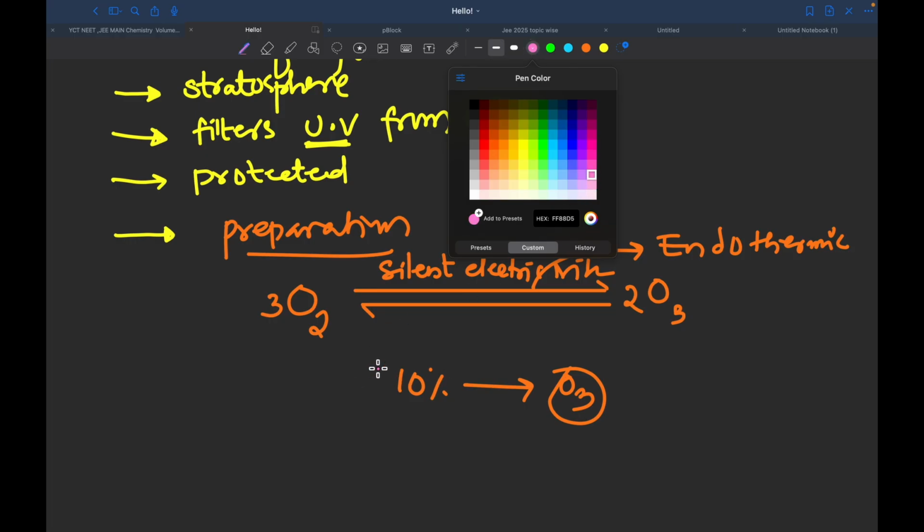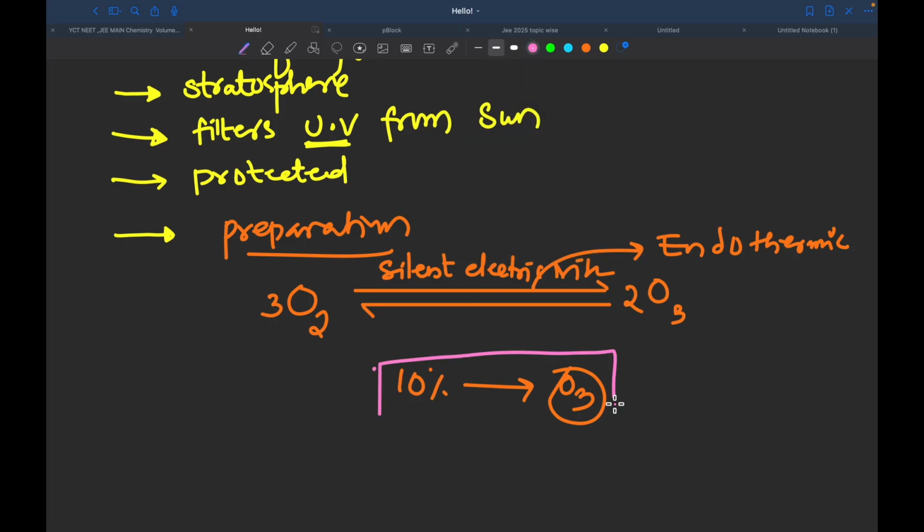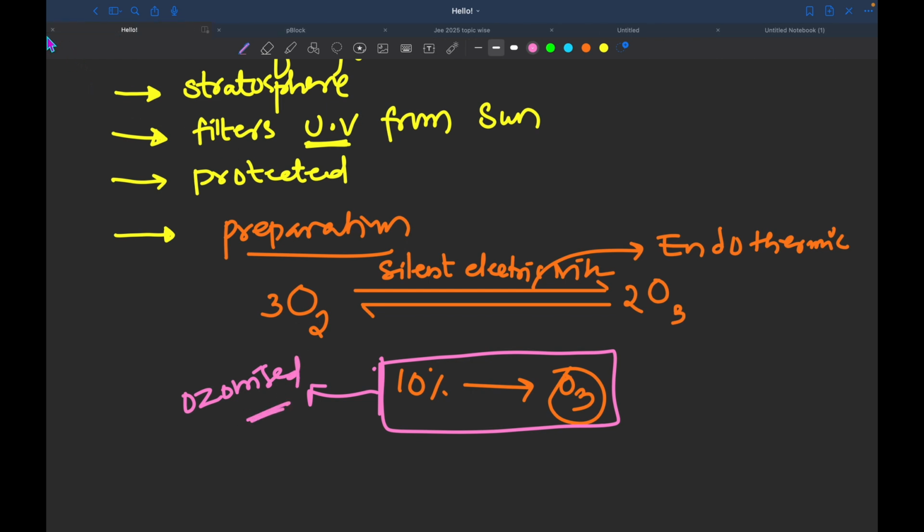Once we prepare the ozone, it stays with the oxygen. That's why it is called ozonized oxygen. So this is how we can prepare it.